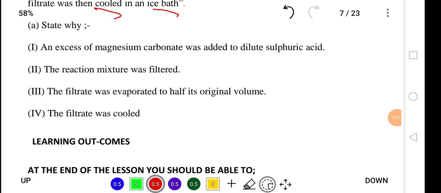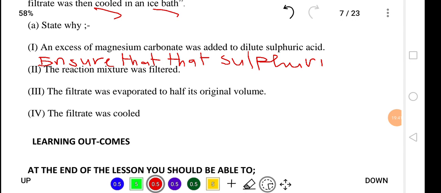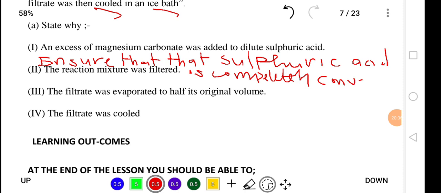So we are saying we are going to add excess magnesium carbonate in order to neutralize, or to ensure that sulfuric acid is completely converted to magnesium sulfate.